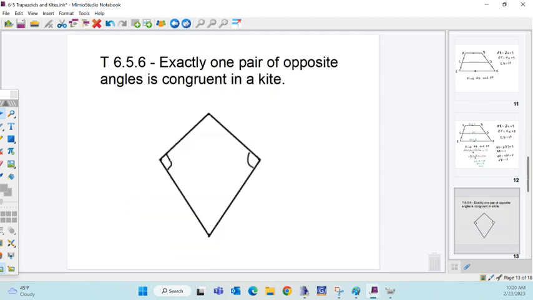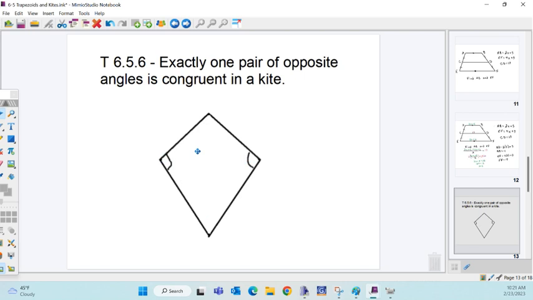Okay. All right, kites. Another trait of a kite is, yes, we know that you've got 2 pairs of congruent sides. They are not opposite of each other, but 1 pair of opposite angles is congruent. They are the ones that are made by the non-congruent sides.